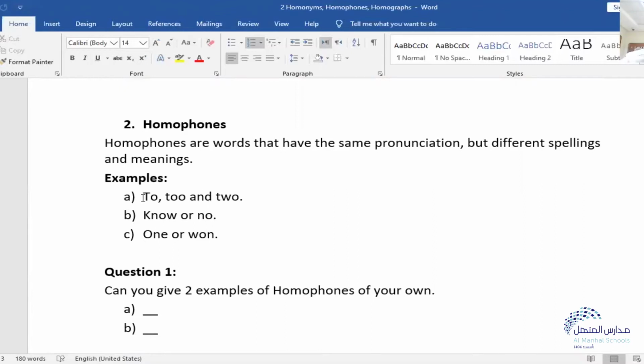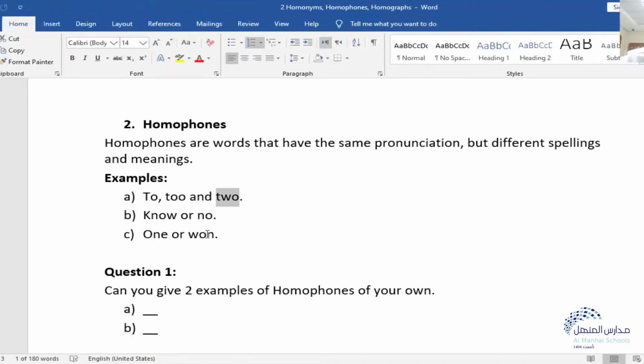You say them the same, but they mean something completely different, right? So let's look at some examples that are going to help us to understand. To, too, and the number two all mean completely different things, all pronounced the same. The second example, know and no. Know, knowledge, understanding. No is an answer to a question, yes or no, right?